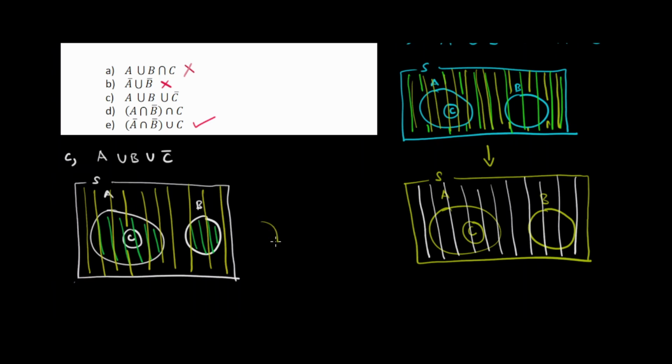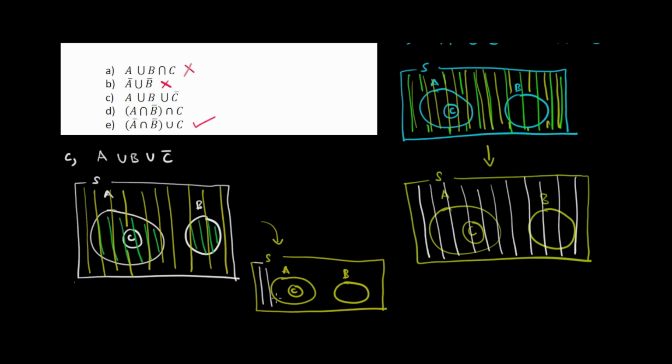So if we want to show this more clearly, it's more like this. So A, C, B. Since it's a union throughout, it means everything shaded should be kept like that. So it's like this. As you can see, it's actually shading everything.